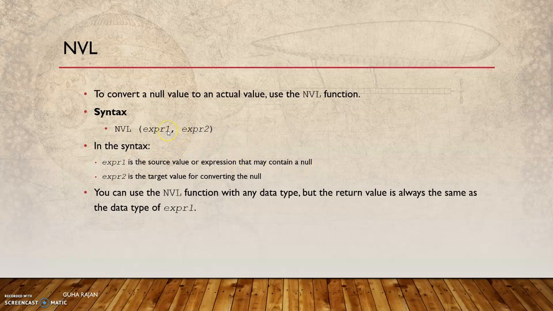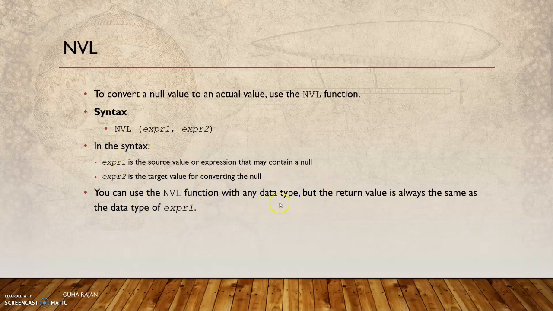If there is no value, a null value, you will substitute it with another value. For example, if there is no department assigned, you can say null or something. So if a query returns no values, you can substitute another value. So that's about the null value.